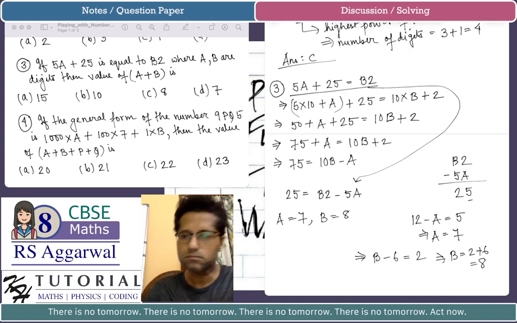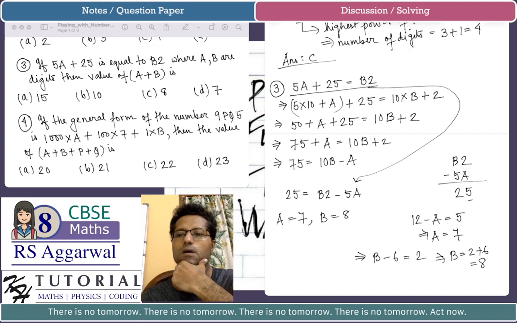Now let me quickly check if I did it correctly by putting back into the equation 5A plus 25 equals B2. So we must have B is 8, so we must have 82 minus 57 equals 25, and I hope this is correct.